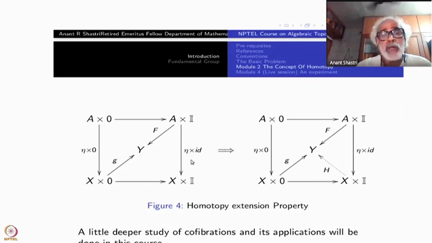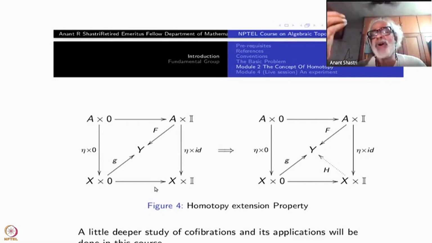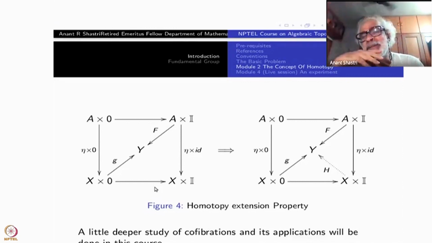So whenever you have this diagram, there must be a map here which fits the diagram like this. Then it is called the homotopy extension property. If η, this map, has the homotopy extension property for every data, whatever Y is, whatever G is, whatever F is, then it's called a cofibration. Once again, you will say this is too much to expect. No. The beauty of these things is that they are almost always satisfied.